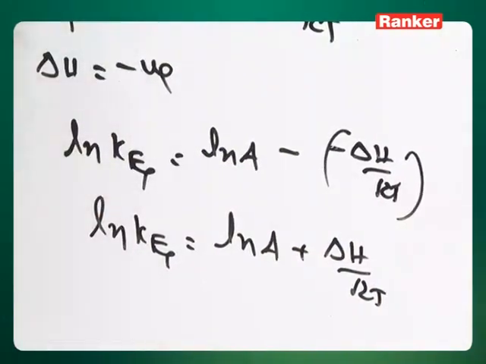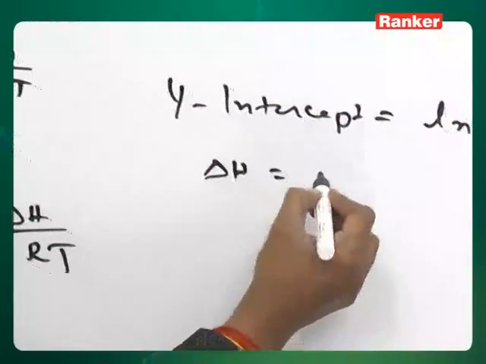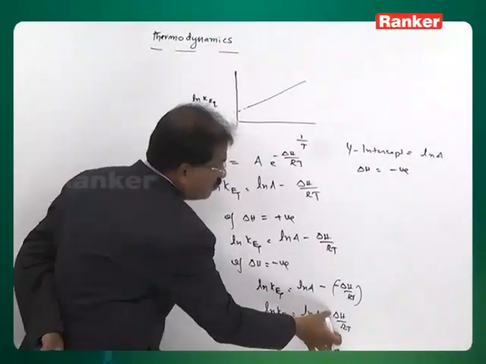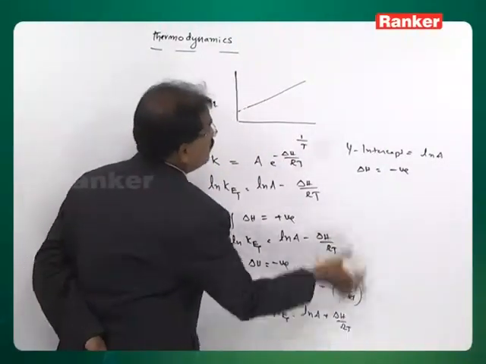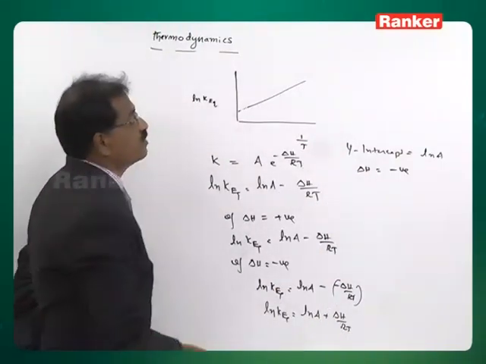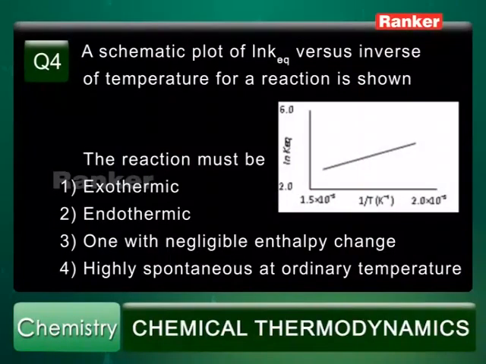Therefore, since the slope is positive, the del H must be definitely negative. If del H is negative, then the second term will become positive, hence the graph will suit this expression. Therefore, now you select the option where enthalpy change is shown negative. Enthalpy change is shown negative only in the first option, hence answer is option 1.